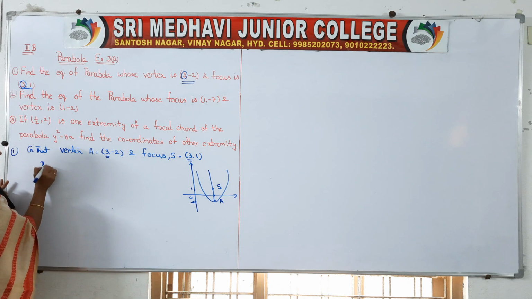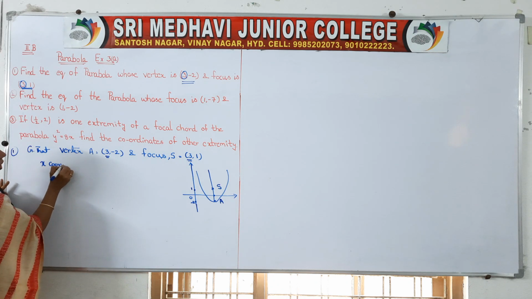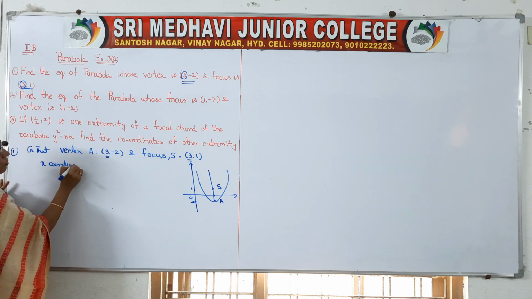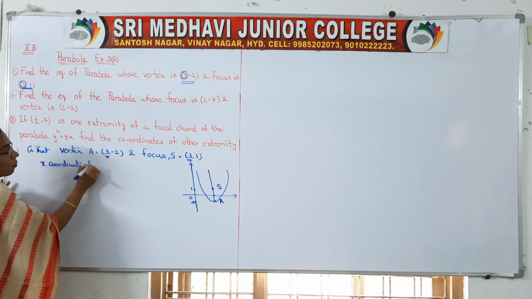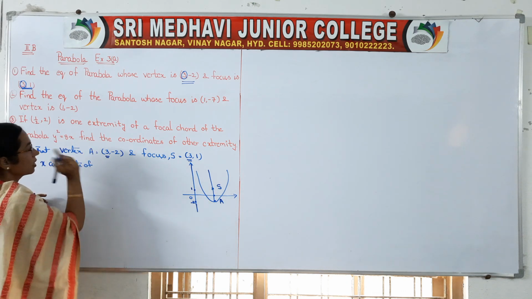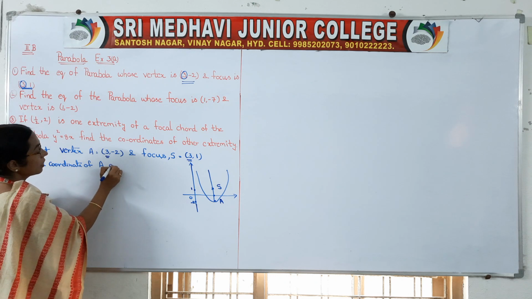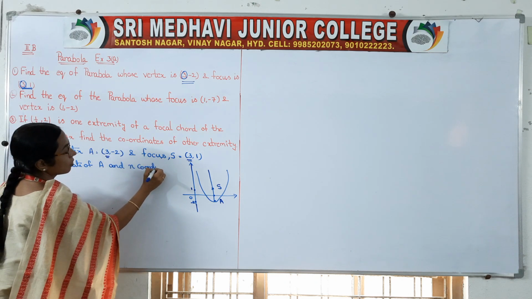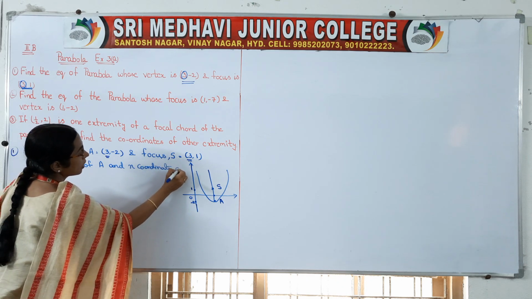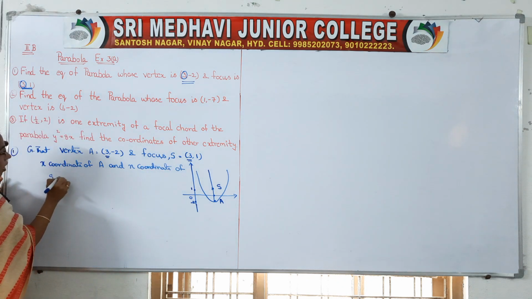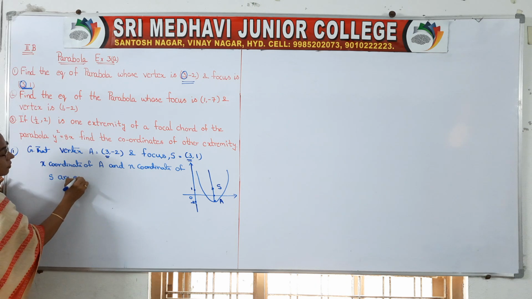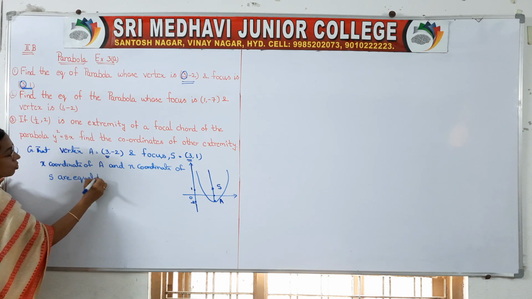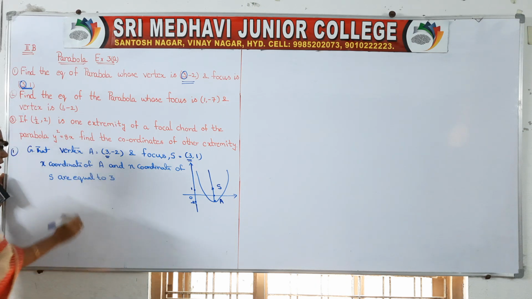So the x coordinate of vertex A and the x coordinate of S are equal. What is that? Equal to 3.